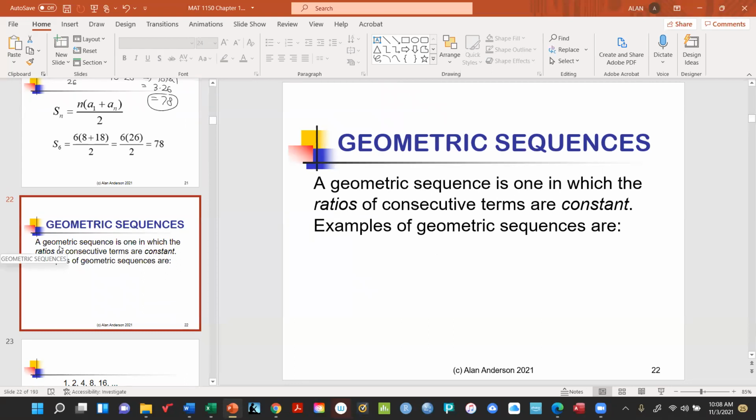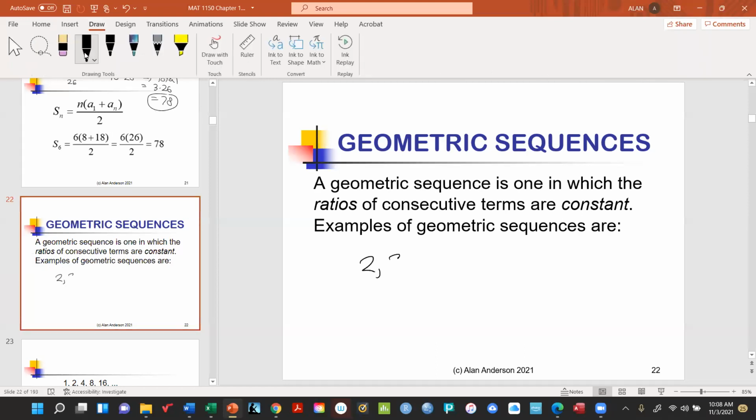So that means that we're multiplying the numbers instead of adding them. So for example, you might have something like this: 2, 6, 18, 54, 162, 486. What do you notice about these numbers?